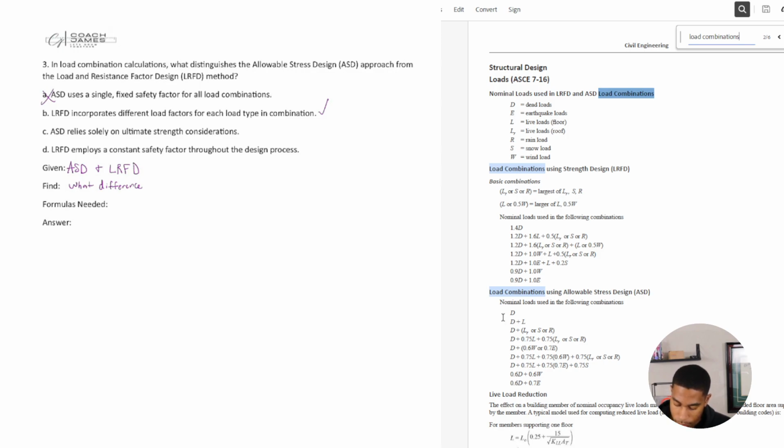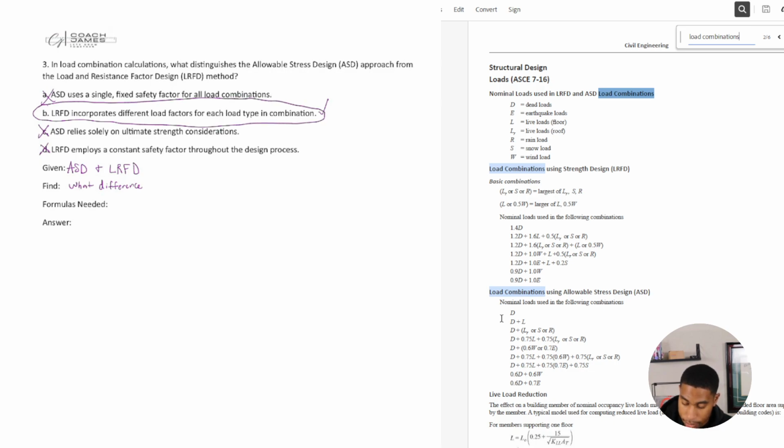ASD solely relies on ultimate strength considerations. They both rely on that, so no. LRFD employs a constant safety factor throughout the design process. No. The answer is going to be B.